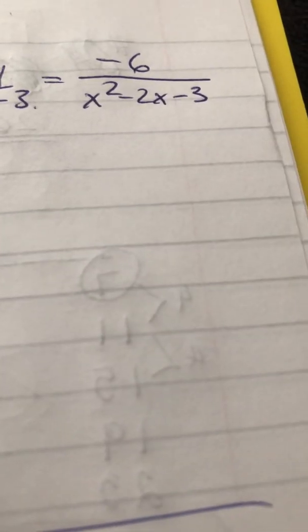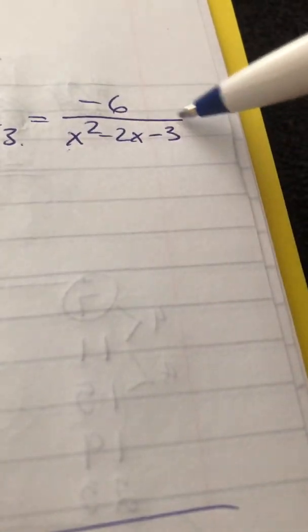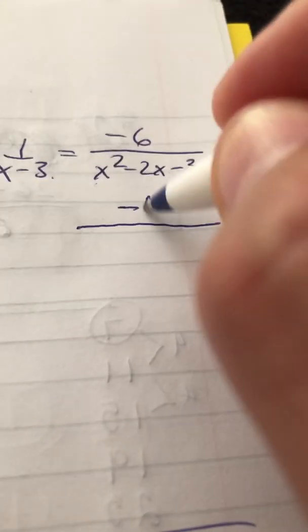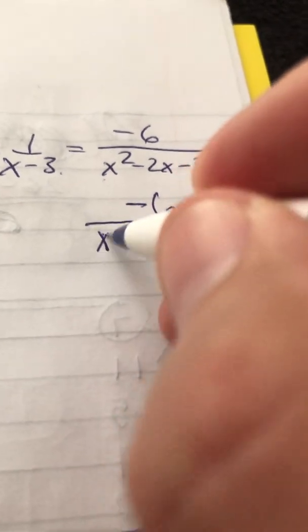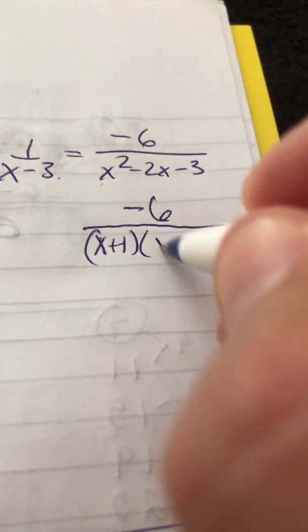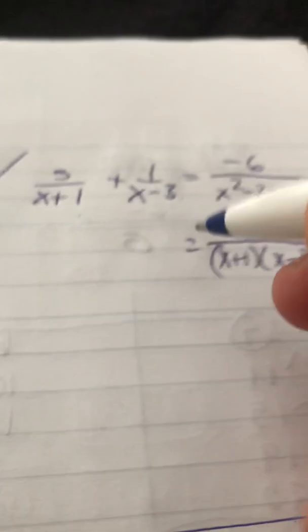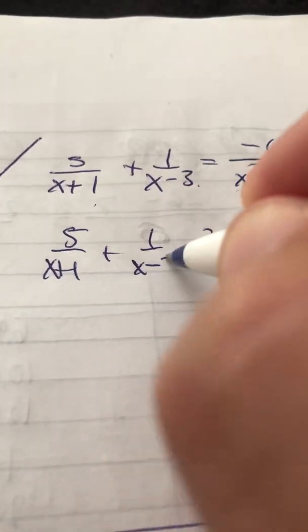Okay? So we're going to deal with number 20 now, which reads 5 over x plus 1 plus 1 over x minus 3 is equal to negative 6 over x squared minus 2x minus 3. All right. Well, I'm going to go off and factor this one. Trying to save time, I'm going to recognize that I get it as x plus 1, x minus 3, and I have 5 over x plus 1 plus 1 over x minus 3.